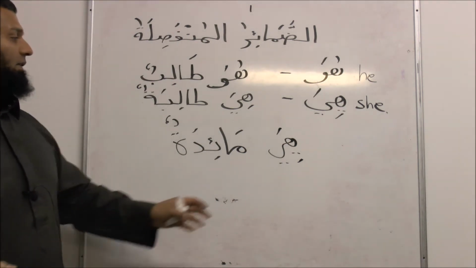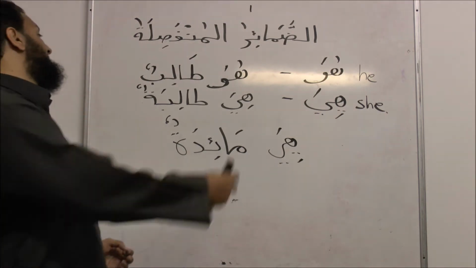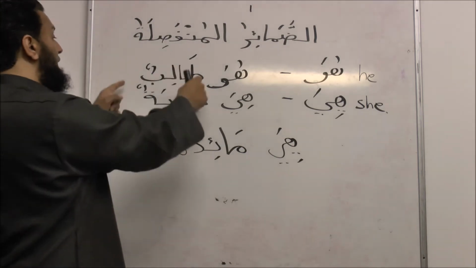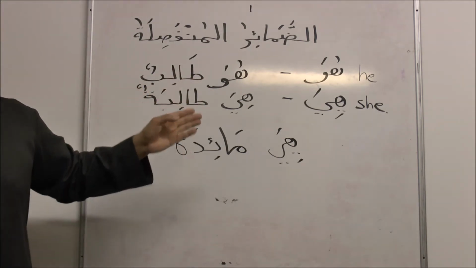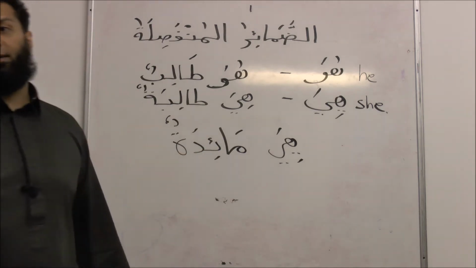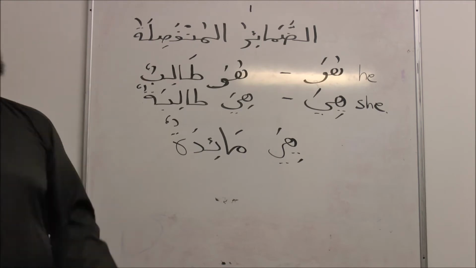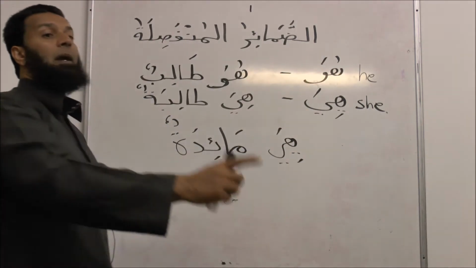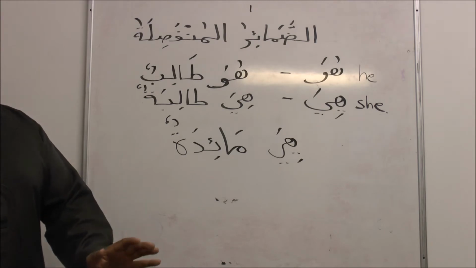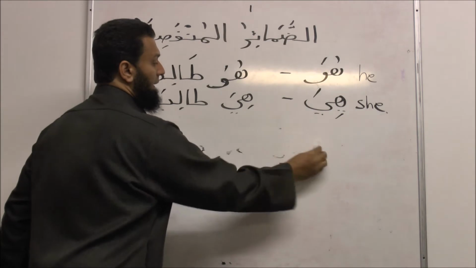So we mentioned that in order to illustrate this point: even though huwa and hiya refer to male and female individuals, such as talibun and talibatun, they're also used to refer to objects. It's our way of saying "it", because there is no "it", so you have to use huwa or hiya depending upon whether the object is male or female. Clear?